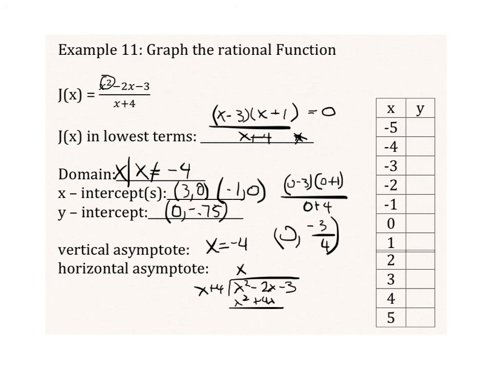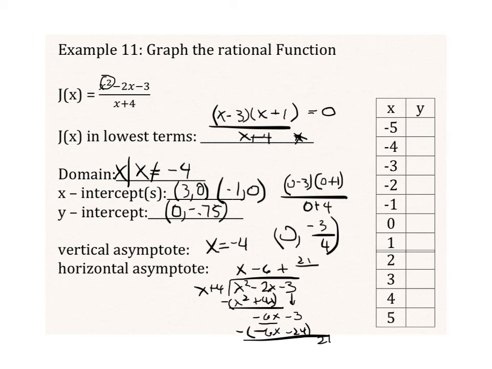So we get -6x minus 3, and -6x divided by x is -6. So x times -6 makes -6x minus 24, and you end up with 21. So you get plus 21 over x plus 4.